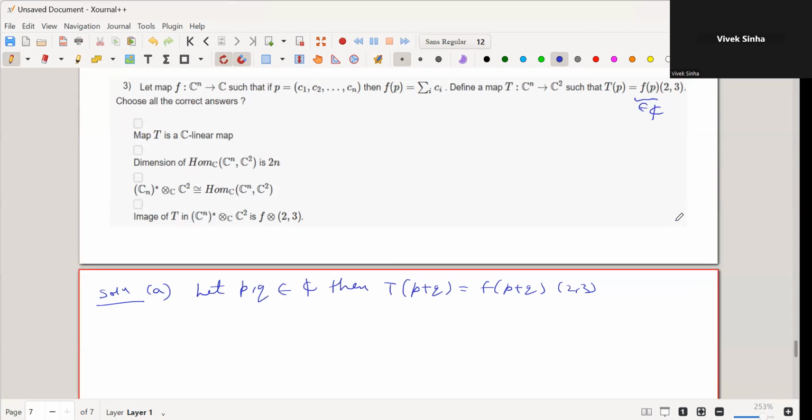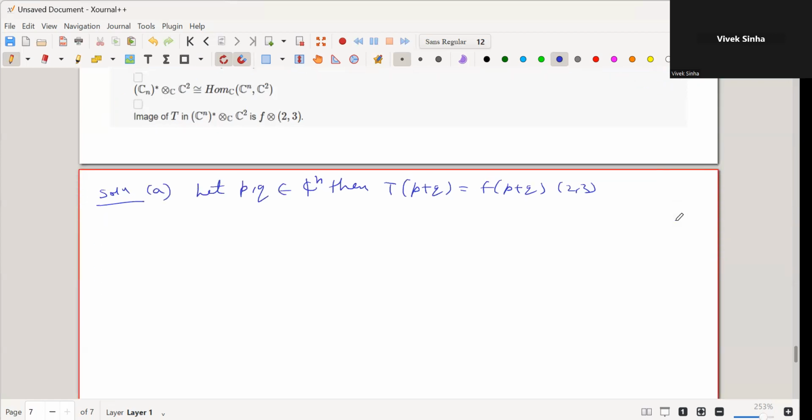It should be C^n, yes, because it's from C^n to C^2, right?